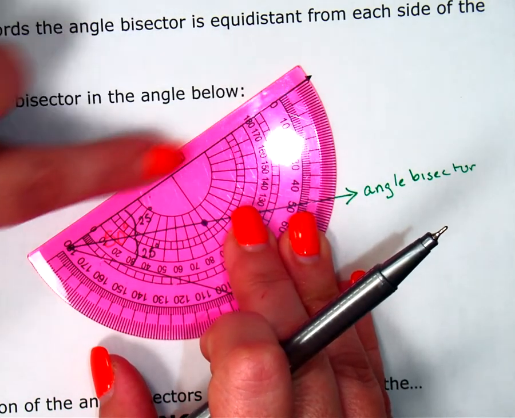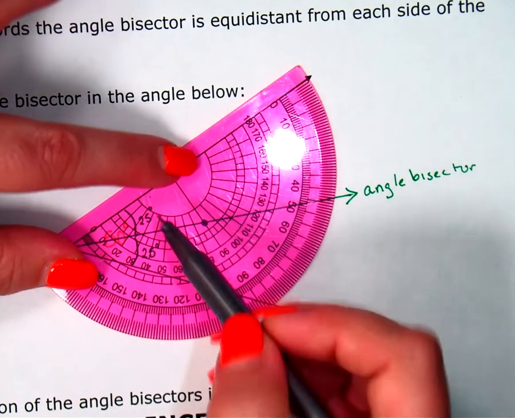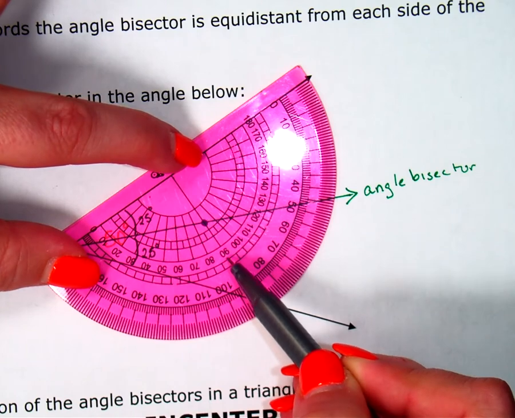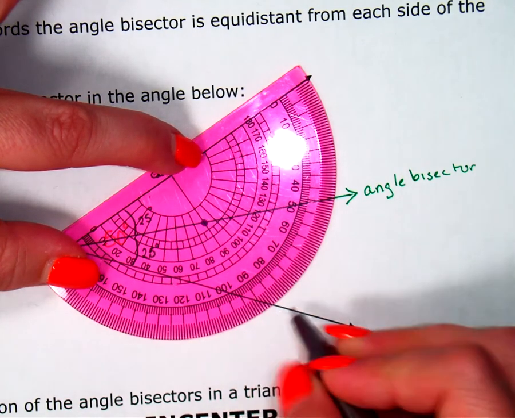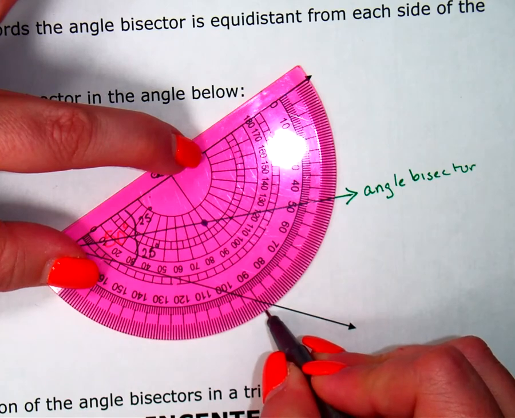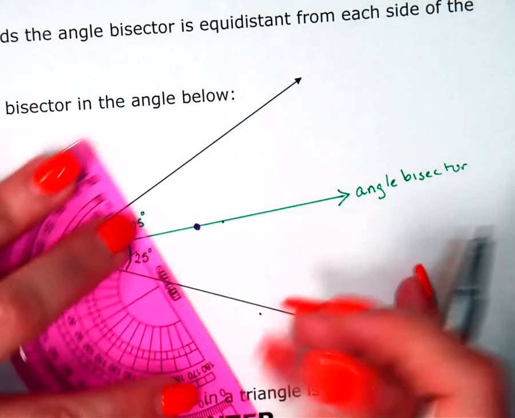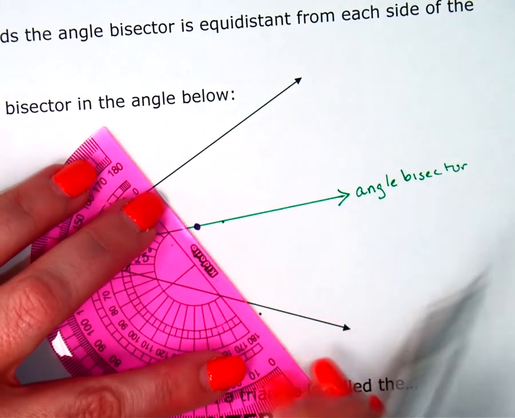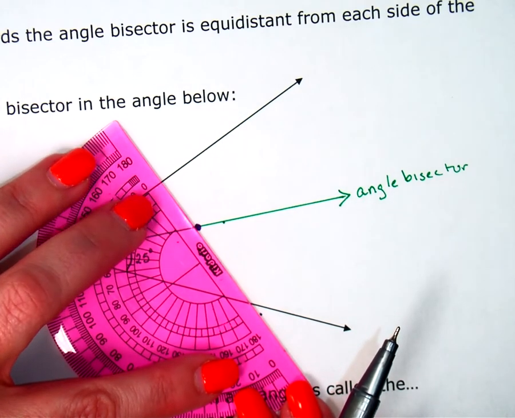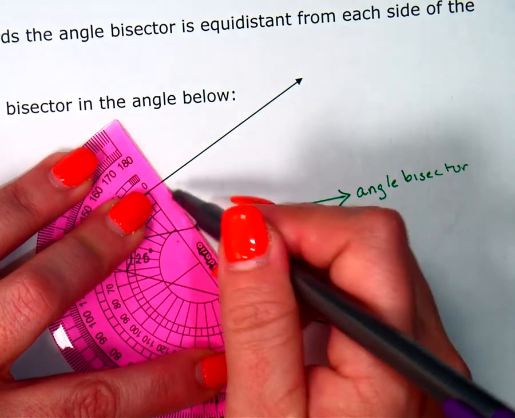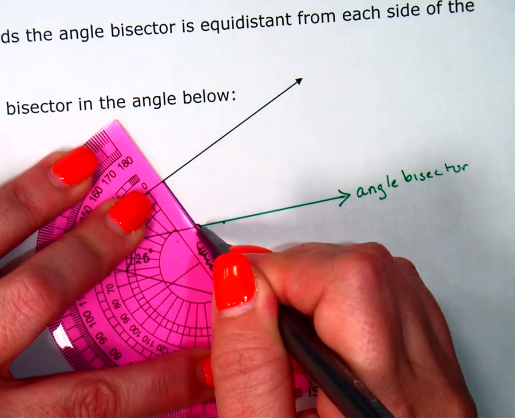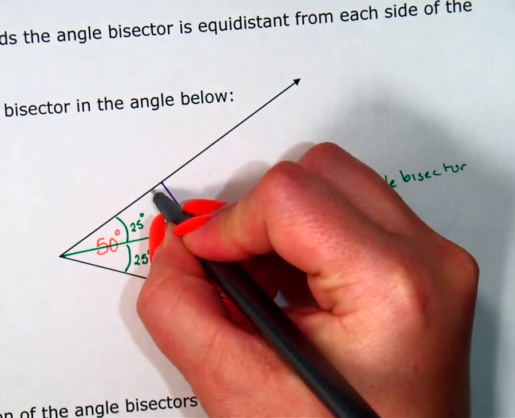I'm just making sure it lines up with the 0 and the 0. And then it comes up to 90 degrees through that point. And that's going to guarantee, when I put this dot over here at 90, and then I line these two dots up, that I'm making a 90-degree angle.